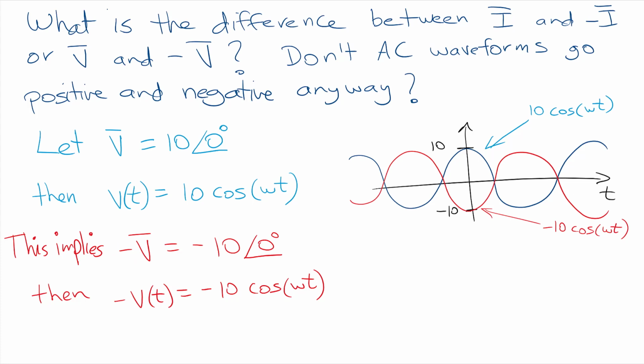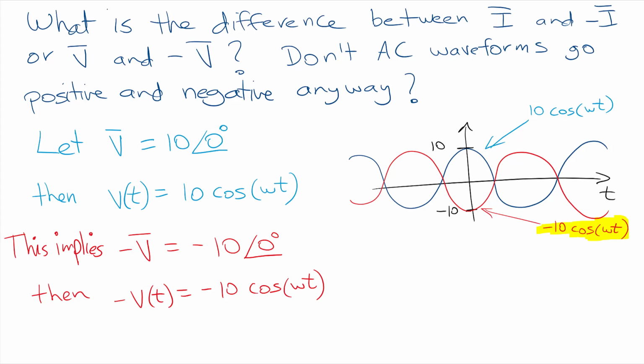Here it is in red. The difference between them is that one is a mirror image of the other. It's flipped on the horizontal axis. So that's what a negative sign in front of a current or voltage phasor represents. It's just a flip over the horizontal axis.